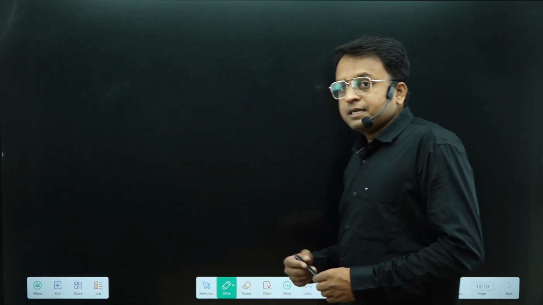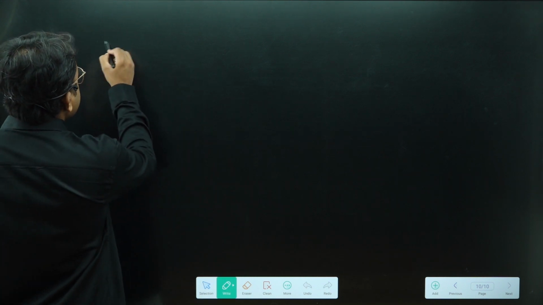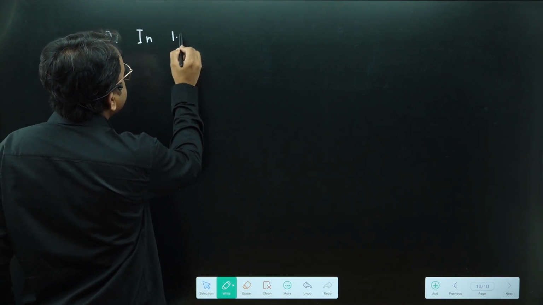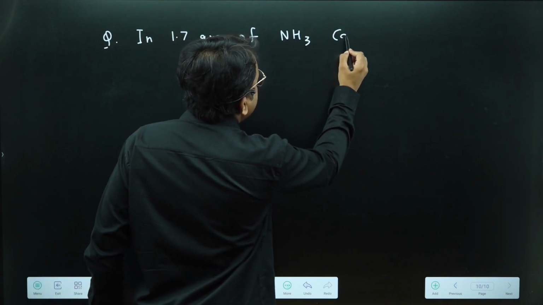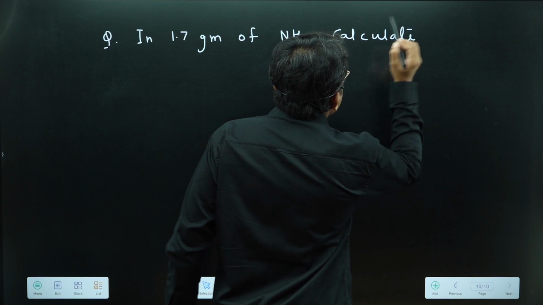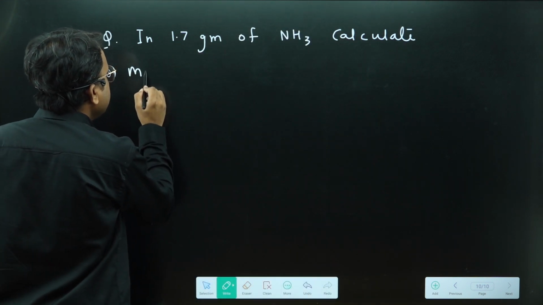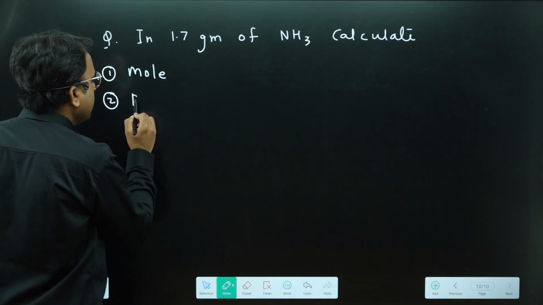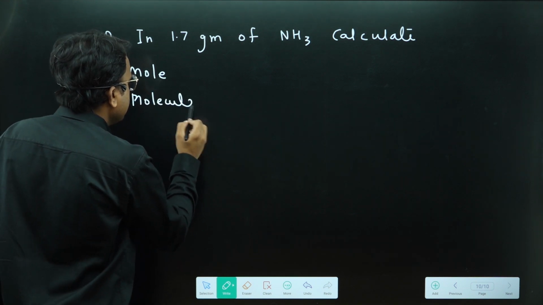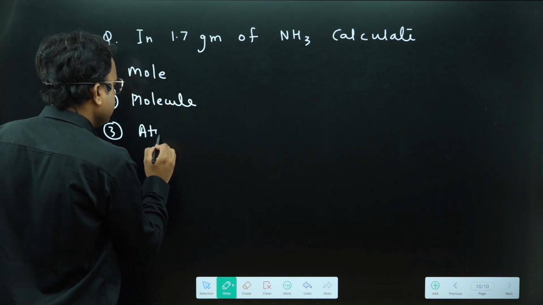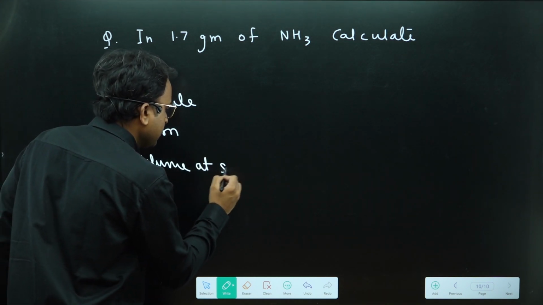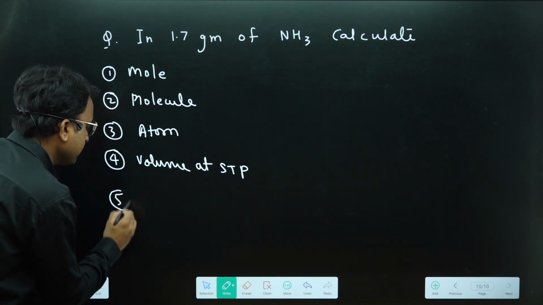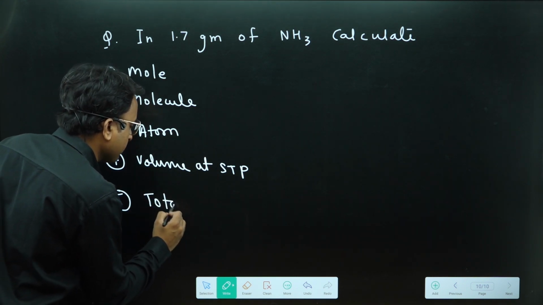One more question which covers all the aspects of mole concept. In 1.7 gram of NH3, calculate first mole, molecule, atom, volume at STP, and total number of electron.